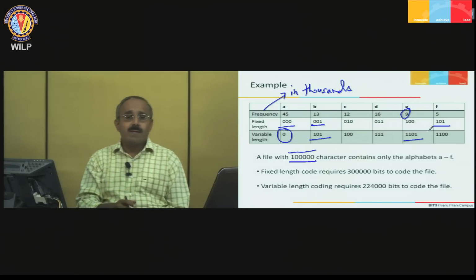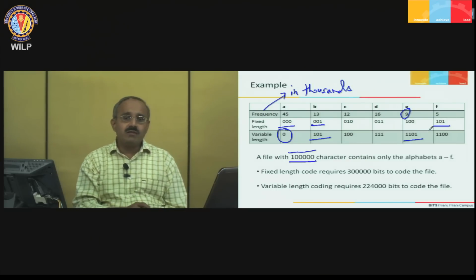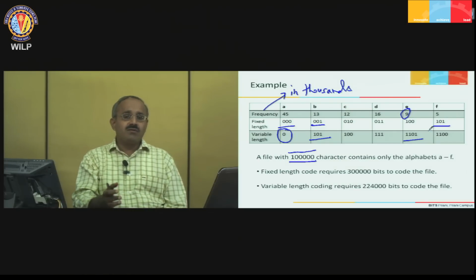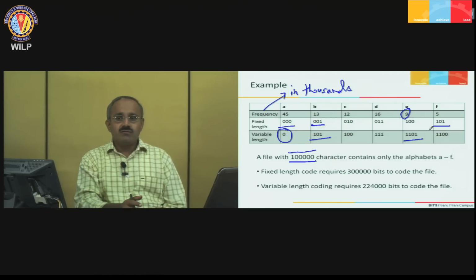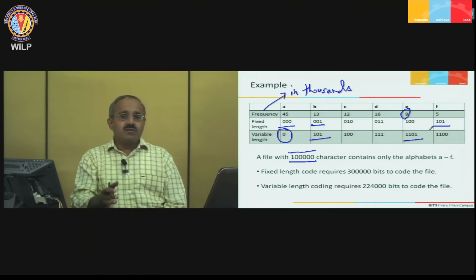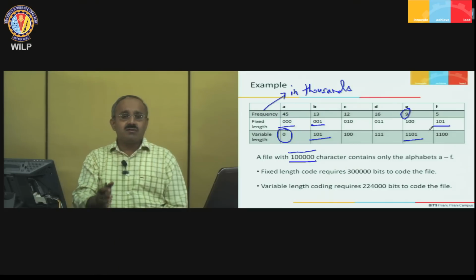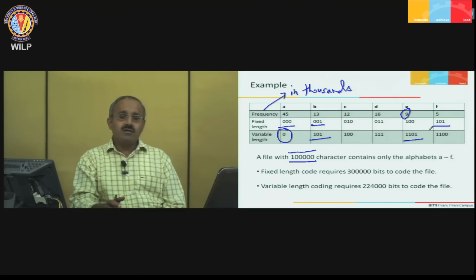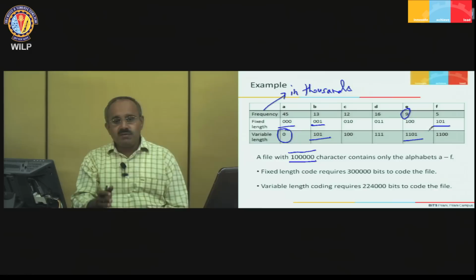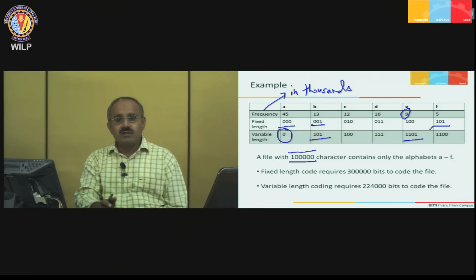So, if you see the encoding in the variable length, the character which occurs most frequently has the smallest length representation or encoding, whereas the alphabet which occurs very rarely or is not so frequent has its encoding done by a bit string of relatively larger length.